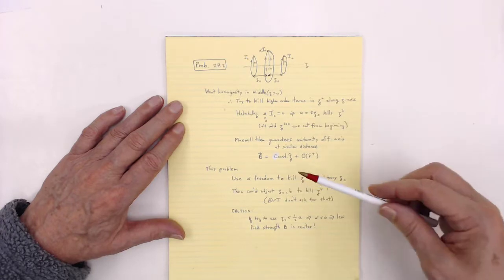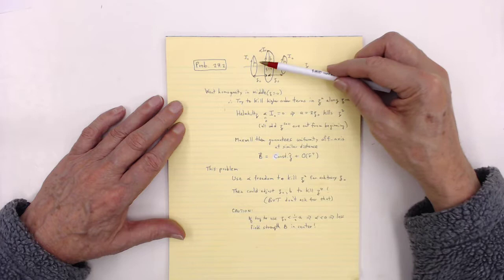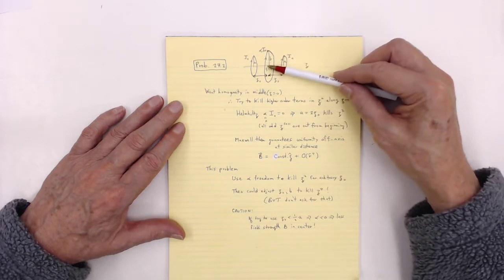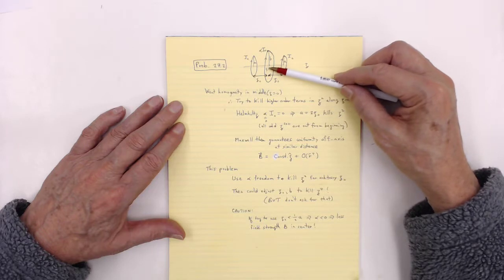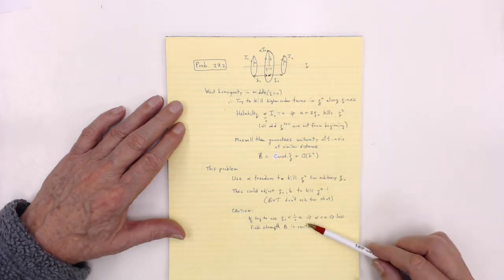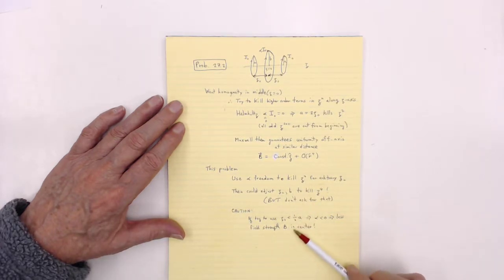And that is a problem, because then if this is a negative current, then for a given current here, you won't get as strong a B field in the center. And so you'll lose field strength. But that's not specifically what we're asked to calculate. On the other hand, we are asking you to think about that.